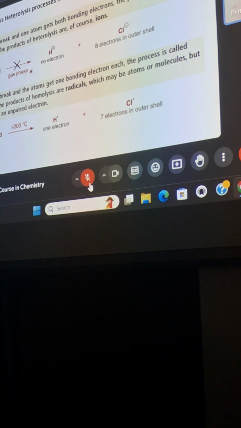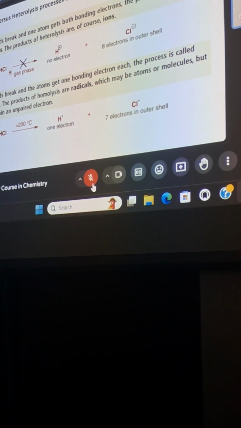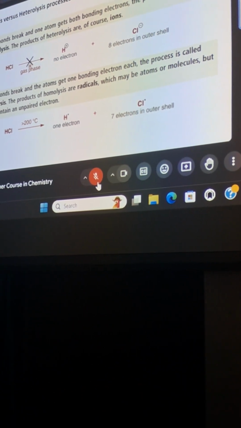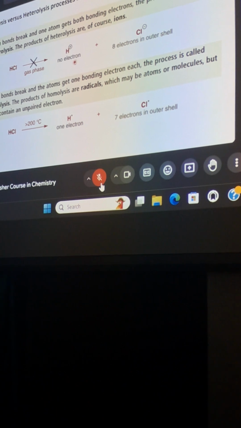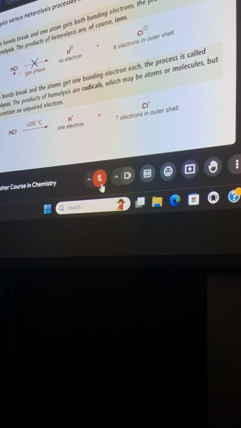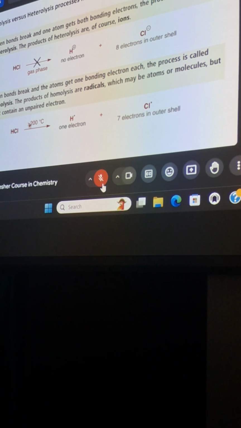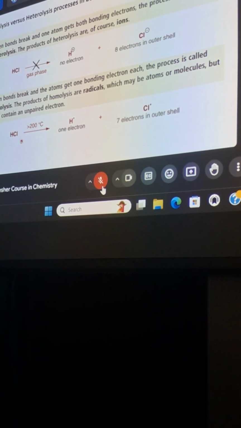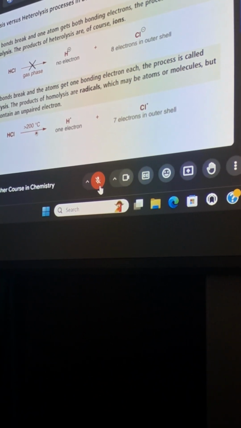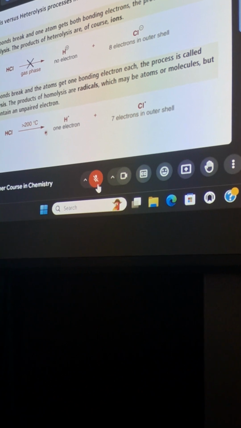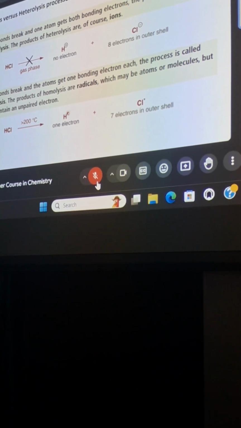And this would have been a heterolysis of HCl. This is impossible to carry out. That means a heterolysis of HCl is impossible, but on the other hand, an HCl gas molecule can be broken beyond 200 degrees centigrade by a homolysis process to form an H dot and a Cl dot.